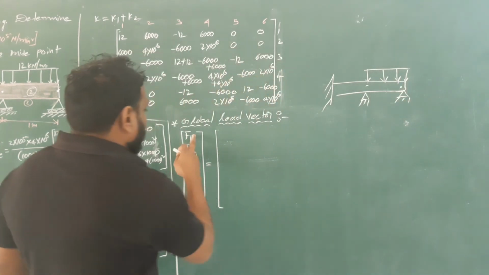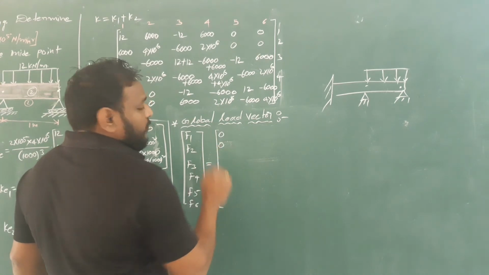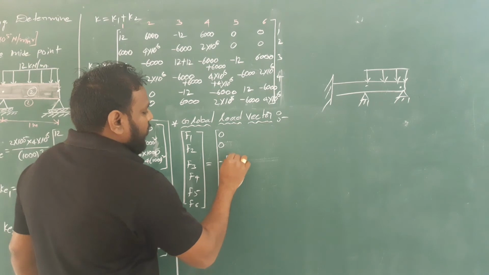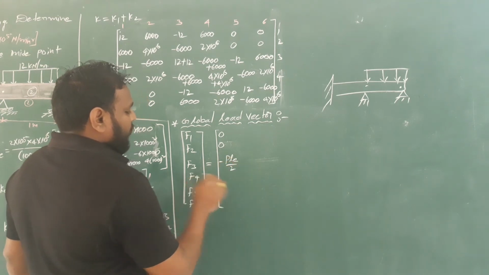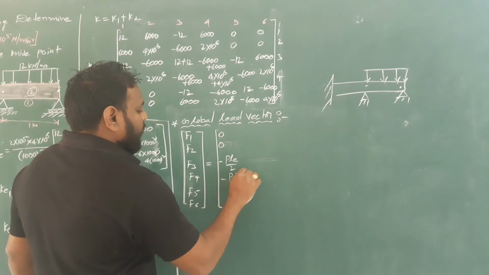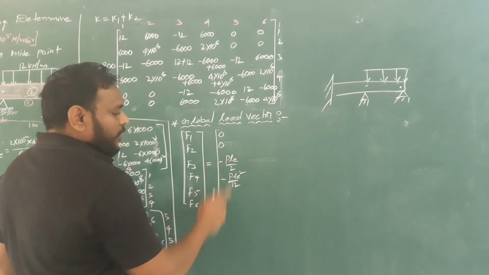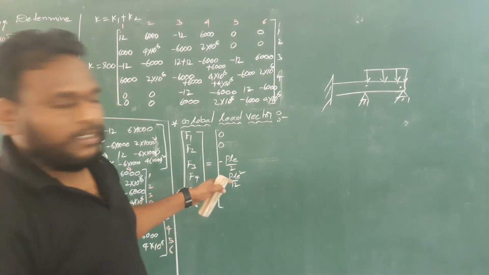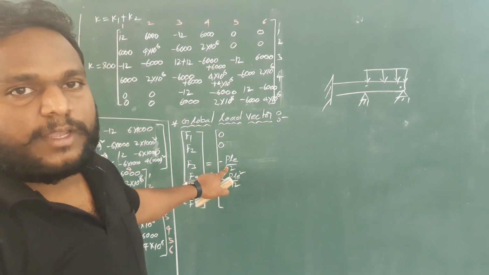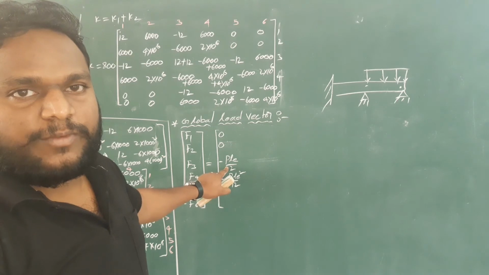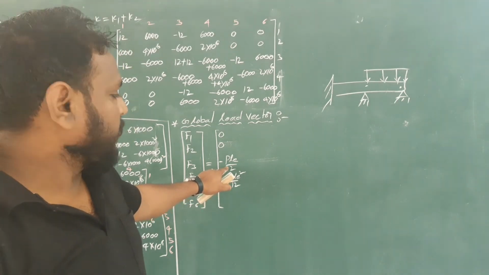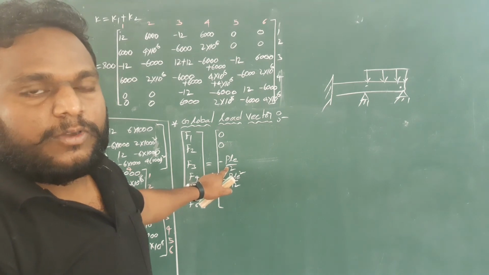That's why F1, F2 is 0. Next F3 and F4 are minus PLE by 2 and minus PLE square by 12. I have derived the load vector for a beam element. I have done a video on load vectors for a beam element, so please visit that load vector video.